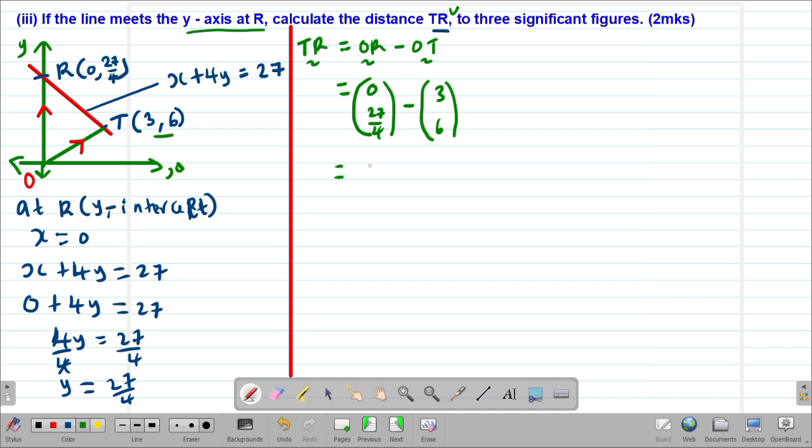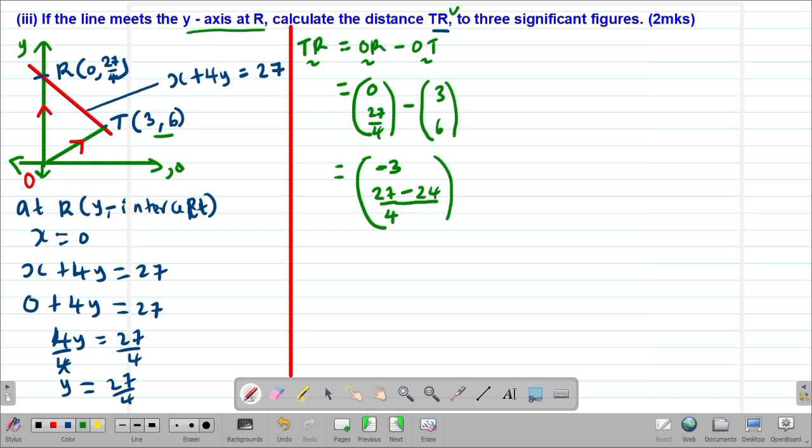If we subtract, we end up with 0 minus 3, which gives us negative 3. Then 27 over 4 minus 6, the LCM will be 4. 4 into 4, 1, so I end up with 27 minus 4 multiplied by 6, which is 24.